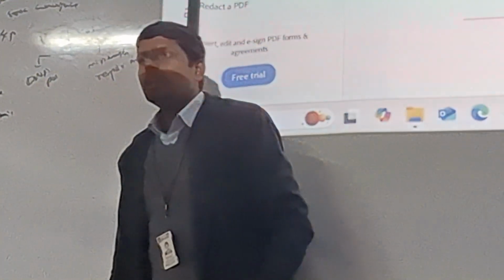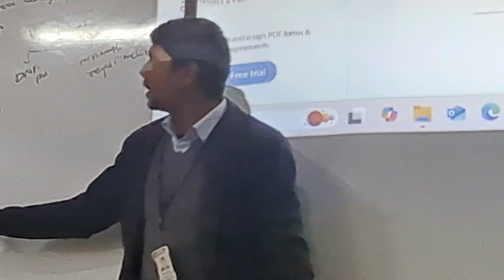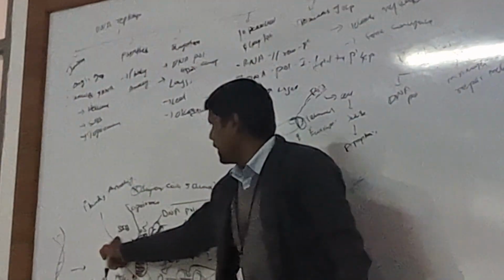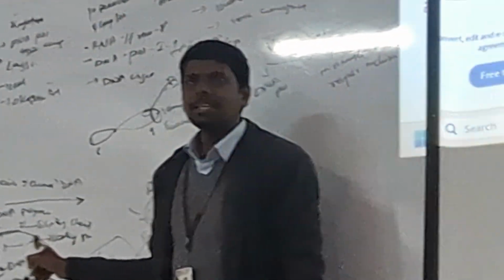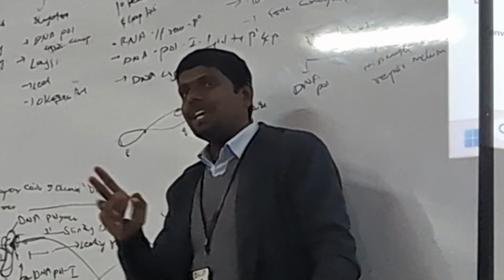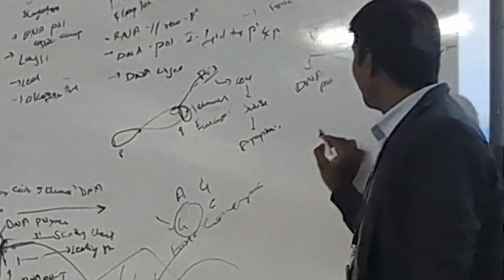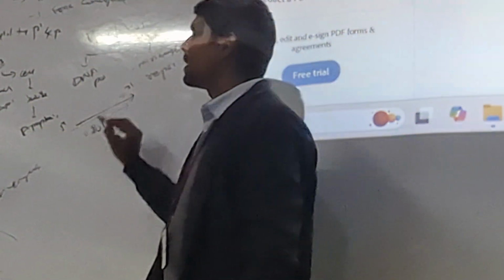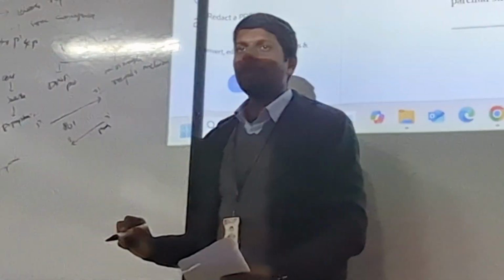I said that polymerase will always work from 5' to 3'. Am I correct? Also, in parallel, the same polymerase is also checking 3' to 5'. Polymerase enzyme usually elongates the primer from 5' to 3'. The same polymerase is also proofreading from 3' to 5'.